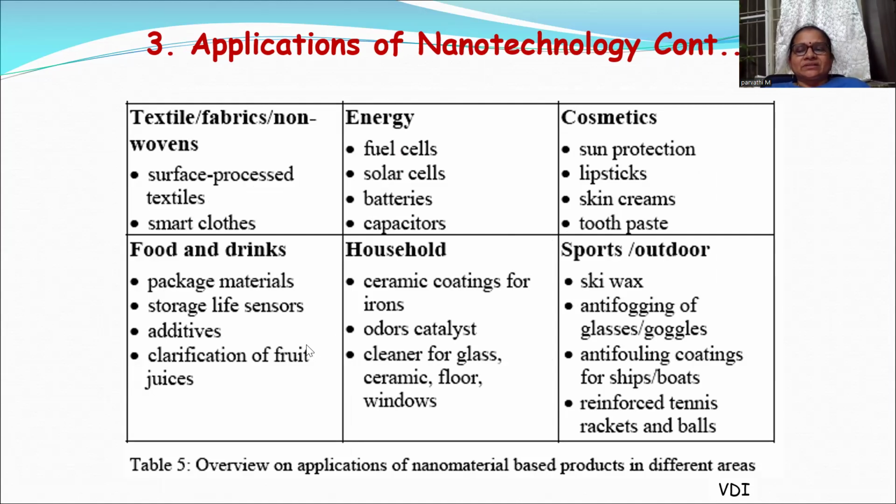Storage life sensors, for example, if the medicinal food, or the food which should not get spoiled easily, is put in a better cover made with nanomaterial of that kind, storage life increases.